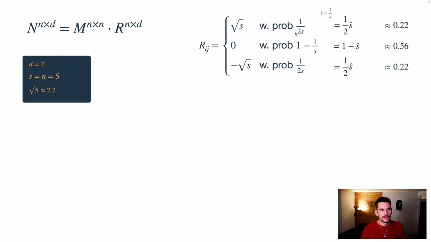If we replace 1 over s with s hat, we have 1/2 s hat here, 1/2 s hat here, and 1 minus s hat here. So the positive and negative values are sampled with equal probability of 1/2 s hat, which sum up to s hat, and the 0 values are sampled with probability 1 minus s hat.